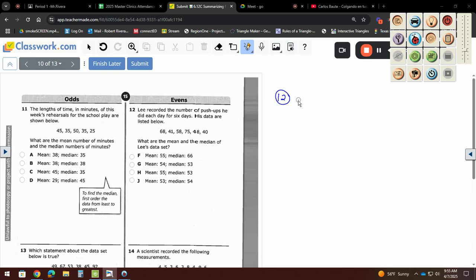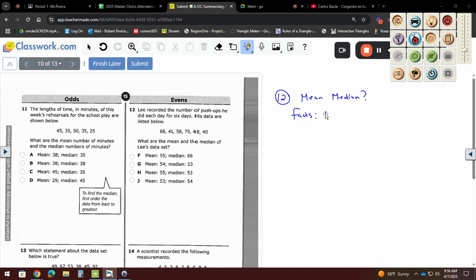What are they asking me? What do they want? The mean and the median. What did I tell you with the facts? Organize them in order. So give me the least.